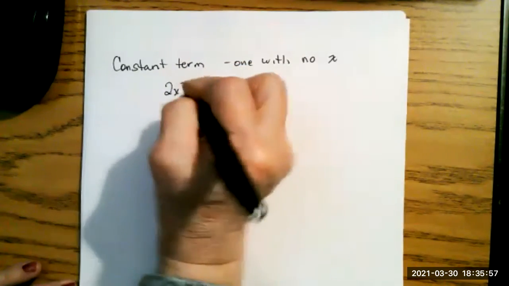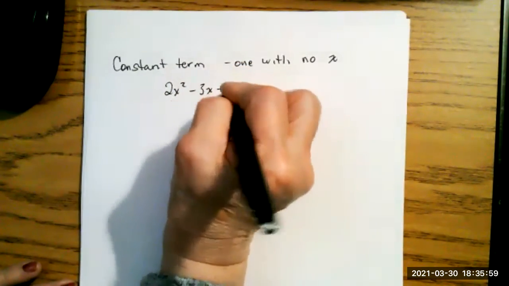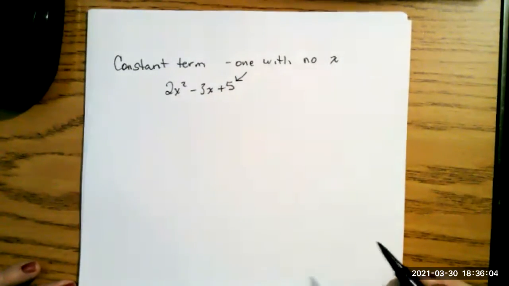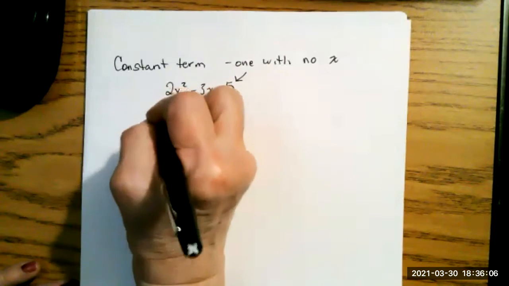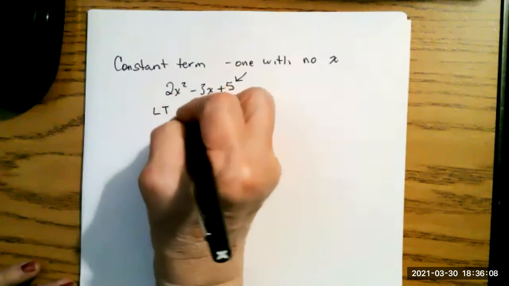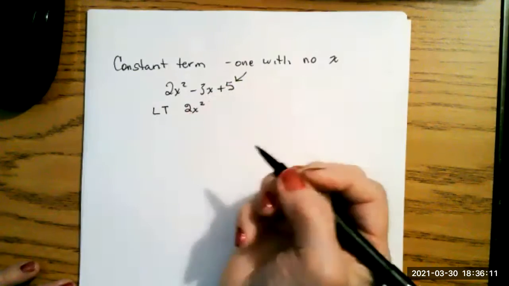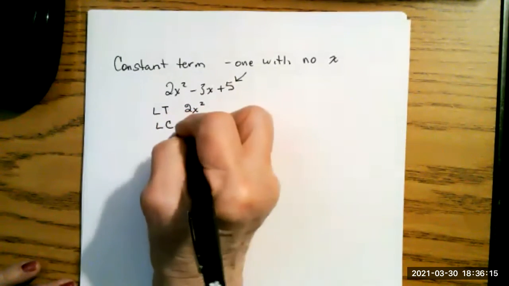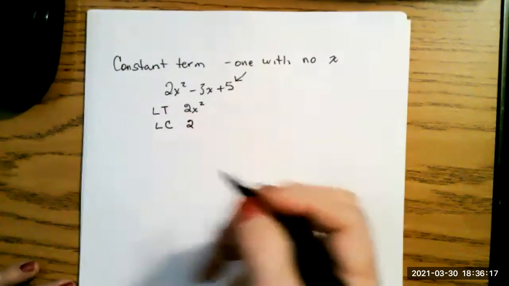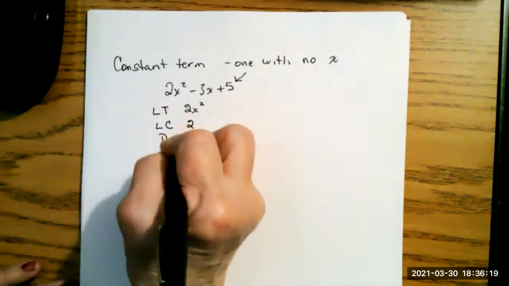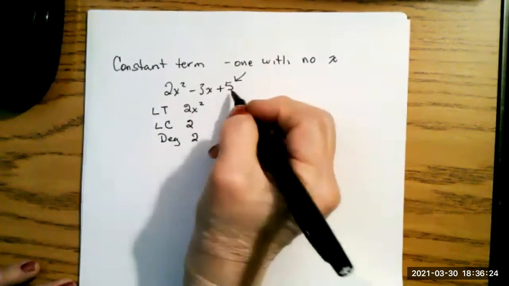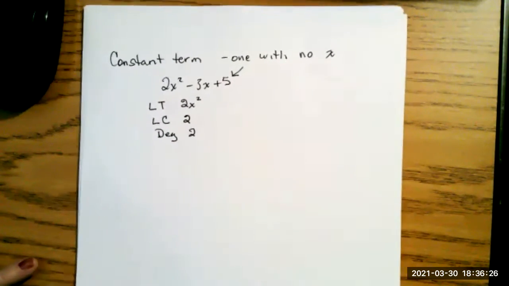So if I had 2x squared minus 3x plus 5, 5 is my constant term. And let's go back over this. The leading term would be 2x squared. The leading coefficient would be 2. The degree of the polynomial would be 2. And the constant term is 5.